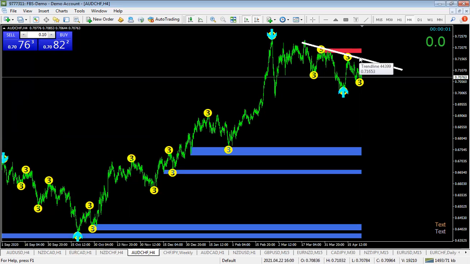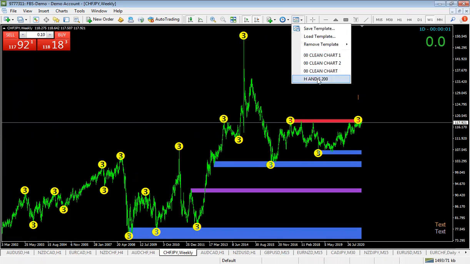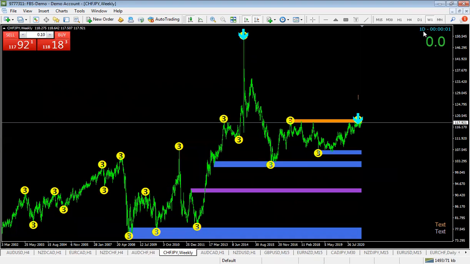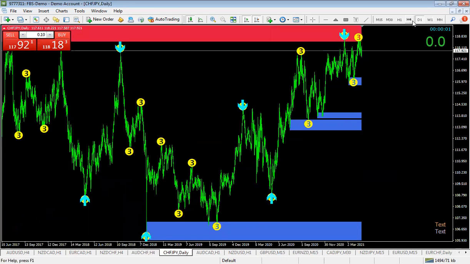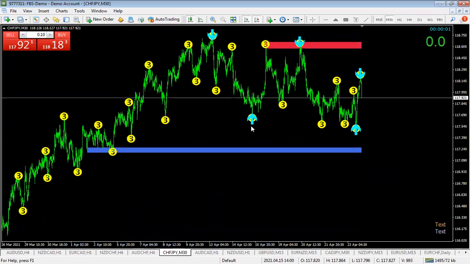Because you would have to break this neckline, break this resistance here, and it's really not worth taking, right? There are many other trades in the market. There are a lot of obstacles there, so we just let it be. Look for a good head and shoulder, a nice head and shoulder. Right. Yeah, I can see here. No, no.